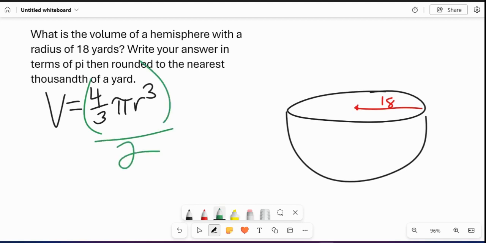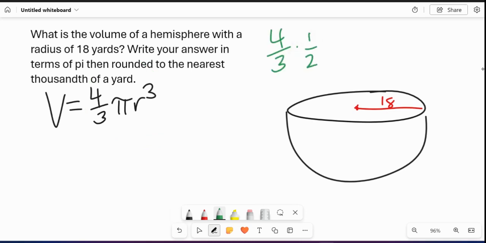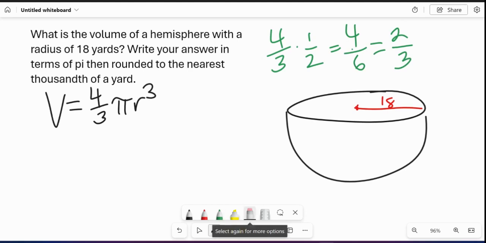We're going to do something simpler. What's half of 4/3? 4/3 times 1/2 is 4/6, which reduces to 2/3. So instead of using 4/3 pi r cubed, I'm going to use 2/3 pi r cubed.